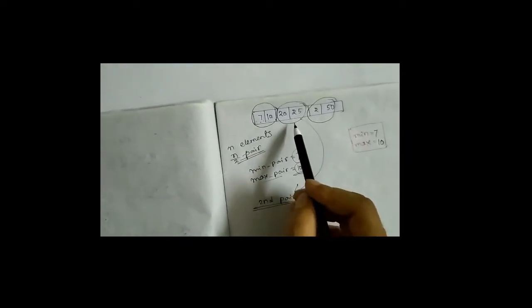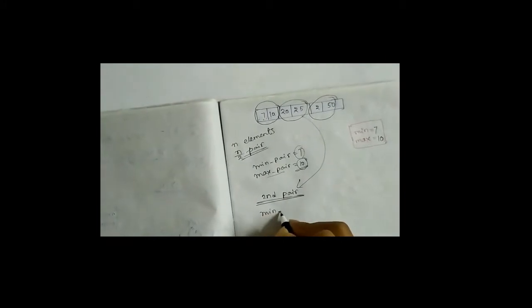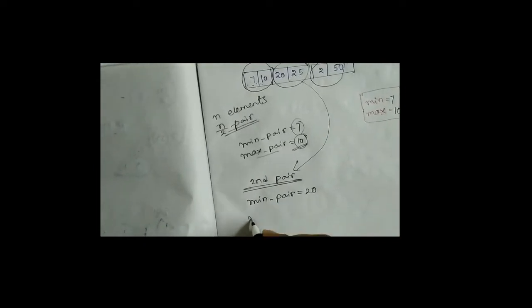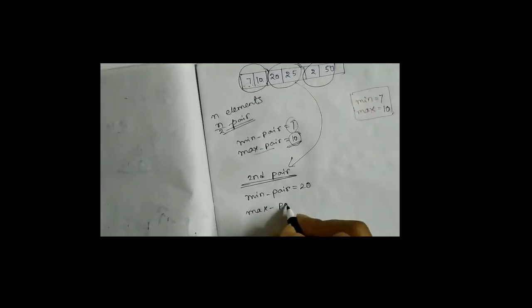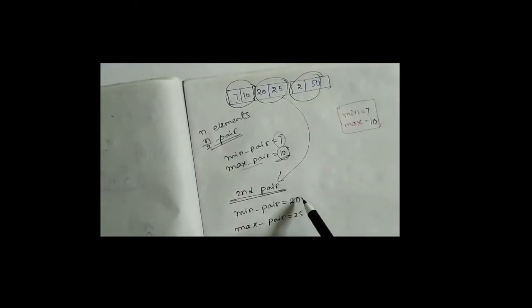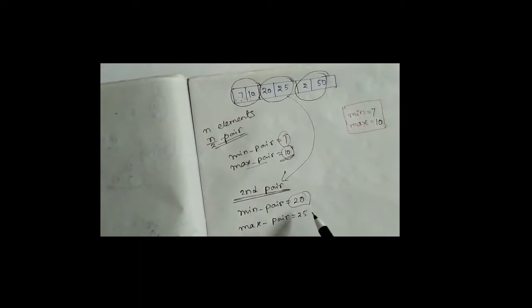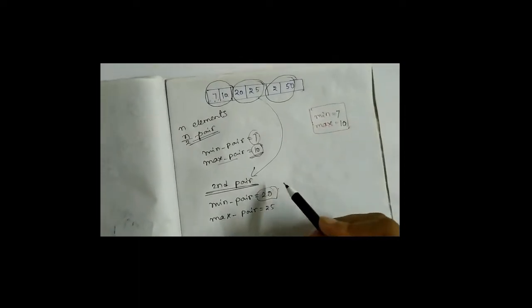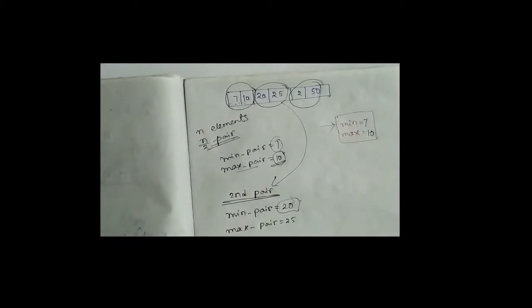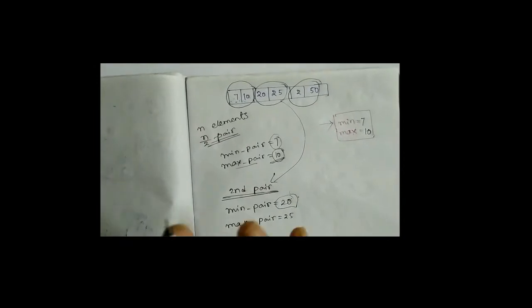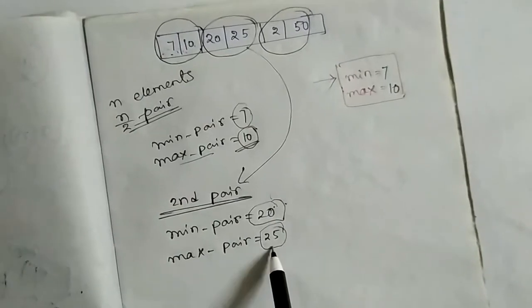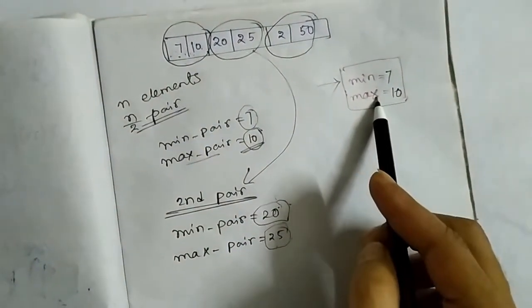In the second pair, the minimum of that pair is 20, and the maximum of that pair is 25. Now I will check whether this 20 is eligible to become the structure minimum or not. 20 is greater than 7, so it is not eligible to become the minimum of the entire array.